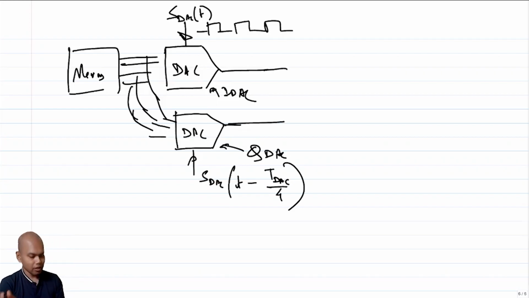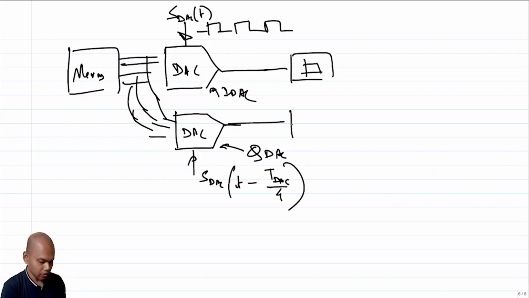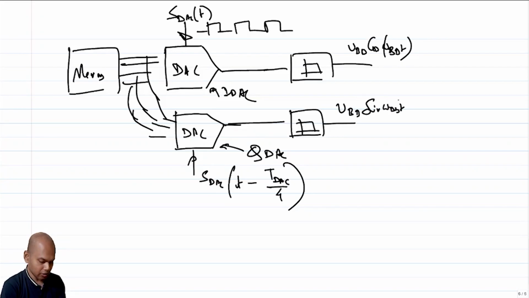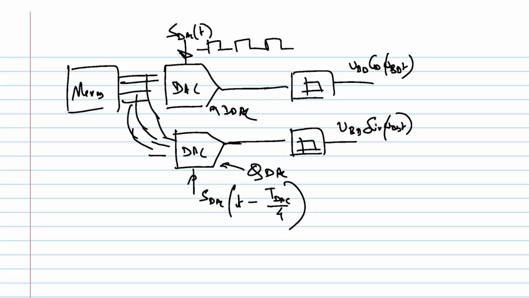So here, if I put a low pass filter, this will be V_BB cosine omega BB t, and this will be V_BB sine omega BB t. Correct? And then you put your switches.